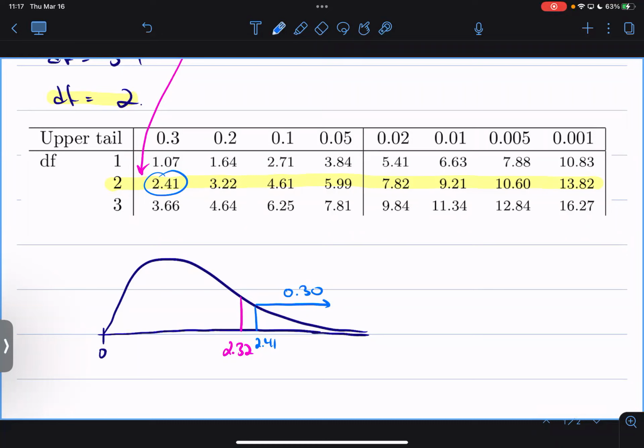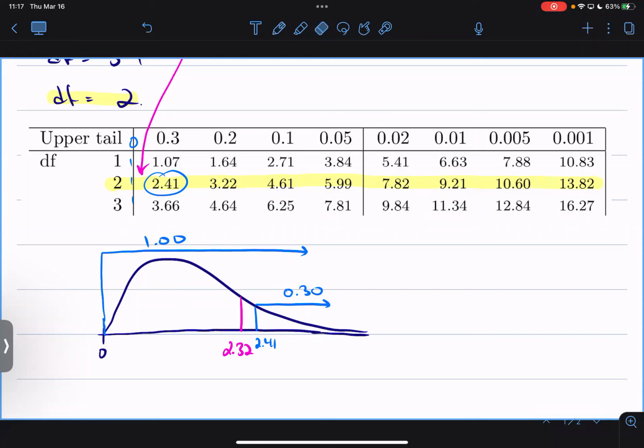And so here, this area is 1.00. A chi-squared of 0 has an area of 1 regardless of the degrees of freedom. The area in the upper tail is just 1.